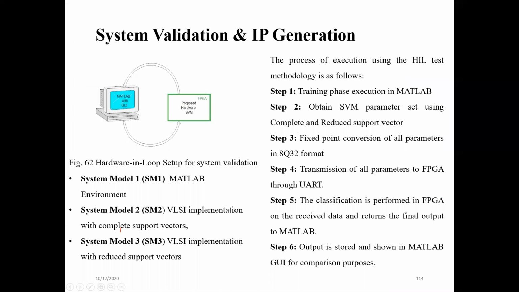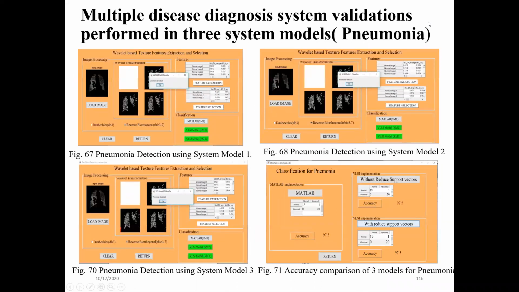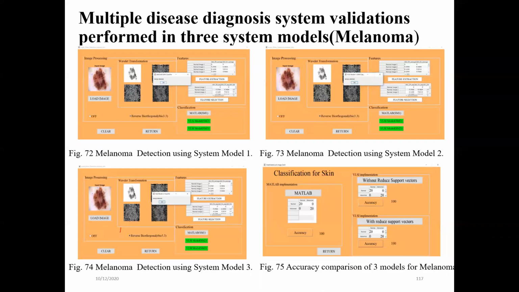The system was validated and IP core generation was done. Here is the multiple disease diagnosis validation performed in 3 system models: pneumonia detection using system model 1, system model 2, and system model 3, and accuracy comparison.